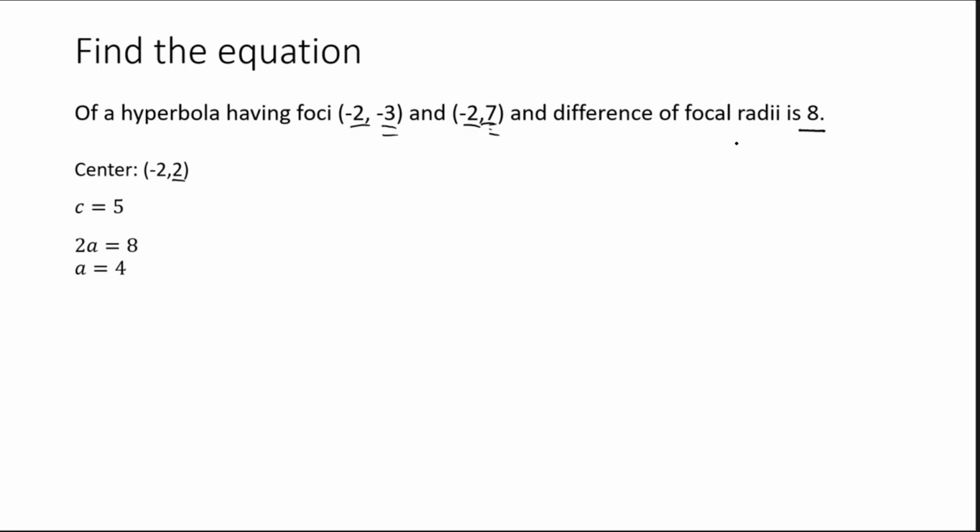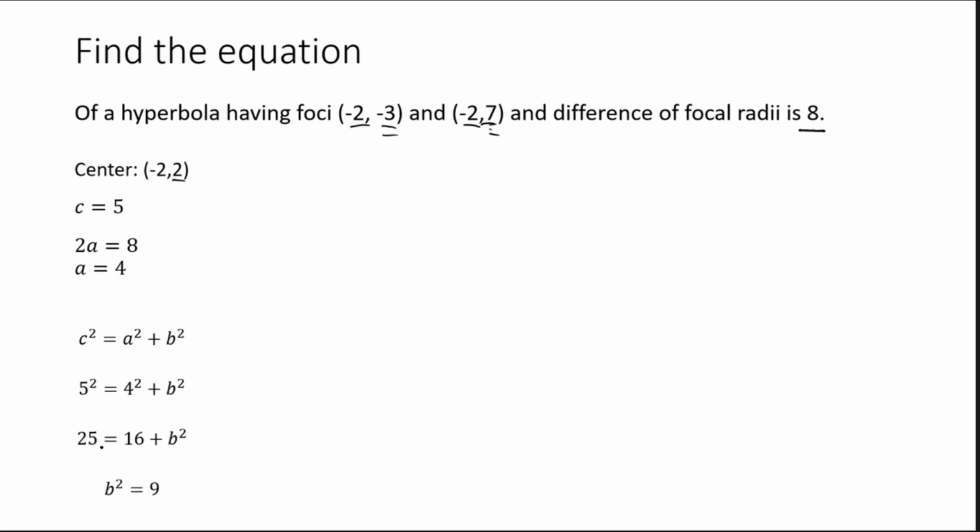So we can use that to find b with this relationship here of c squared equals a squared plus b squared. So we square c to get 25, we square a to get 16, so 25 equals 16 plus b squared. Subtract 16 from both sides, b squared equals 9, and we don't need b because what we were concerned with is just the b squared.